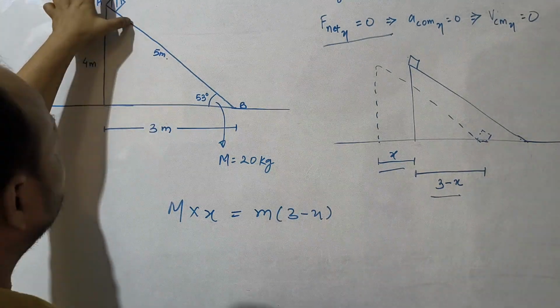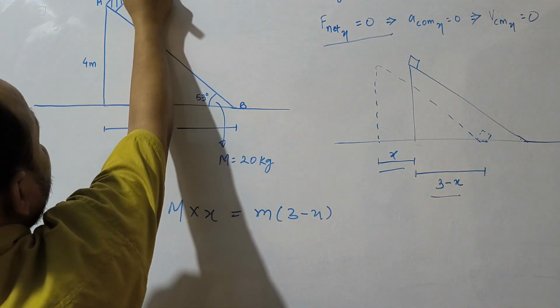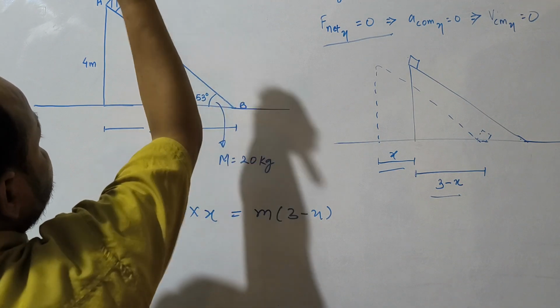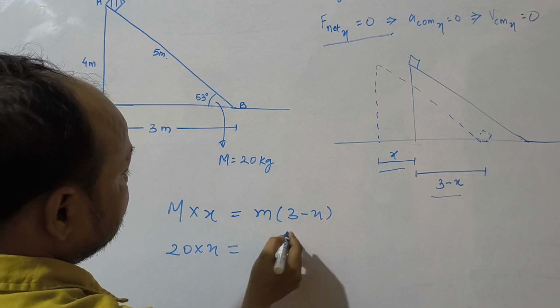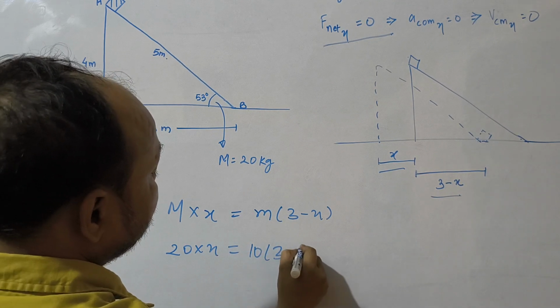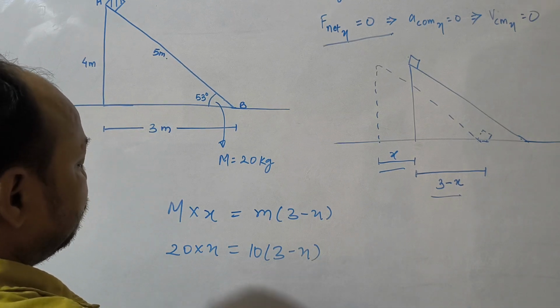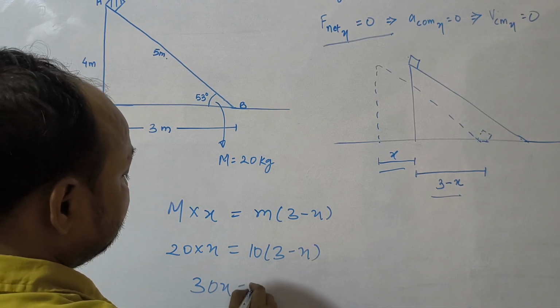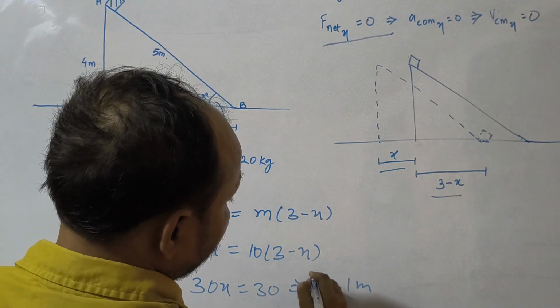How much is the value? Let's say M is 10 kg. So 20 kg into x is equal to 10 into 3 minus x. Now 30x is equal to 30. This implies x is equal to 1 meter.